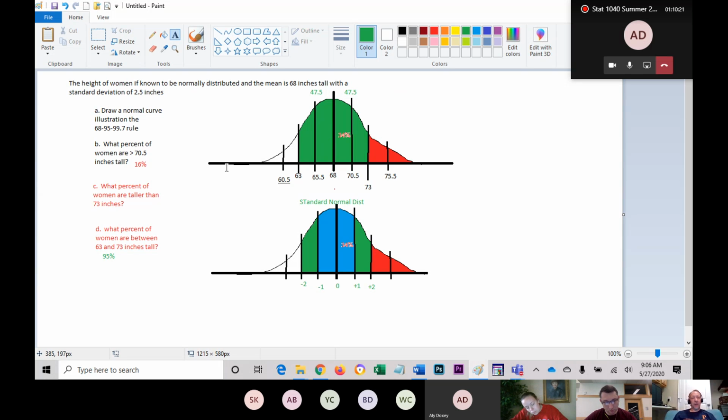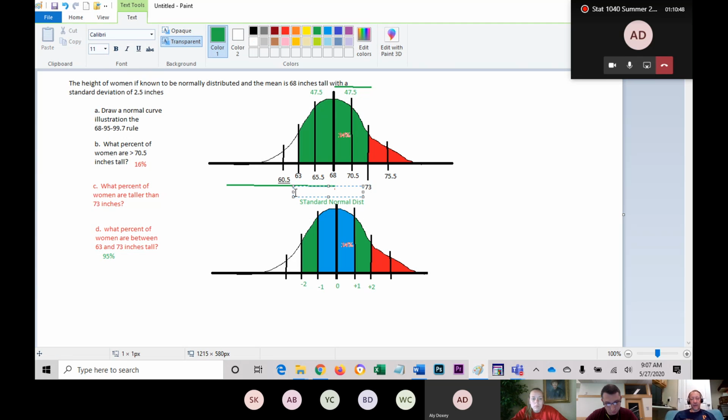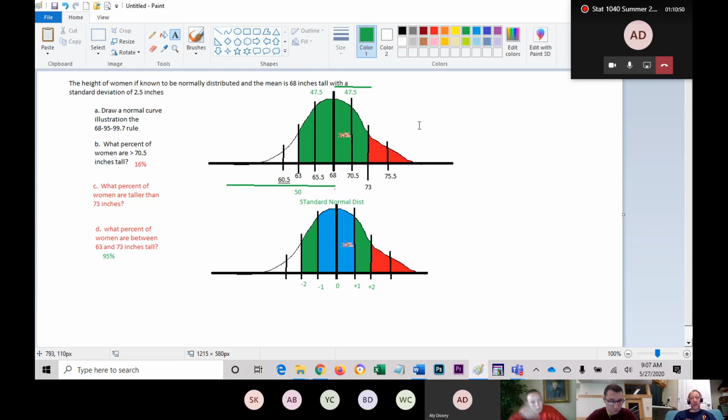So what percent of women are taller than 73 inches, okay? So the idea here is, essentially, I want the red area. So if I've got 47.5% represents this area here, and I know that this area here, all the way to the end, is 50%. So 50 plus 47 is 97.5.